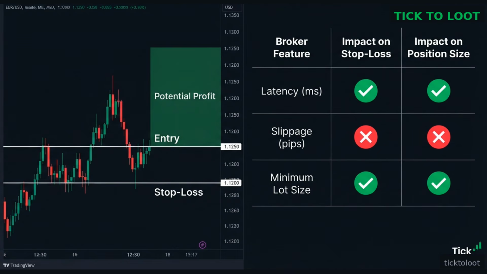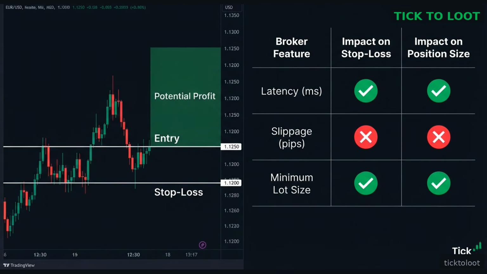Next, let's link broker selection directly to two core components of any trade: the stop loss and position sizing. A stop loss, as we just discussed, is an order that tells your broker to close a trade once the price reaches a certain level, protecting you from larger losses. Position sizing is the calculation of how many lots or units of currency you should trade based on how much of your account you're willing to risk.